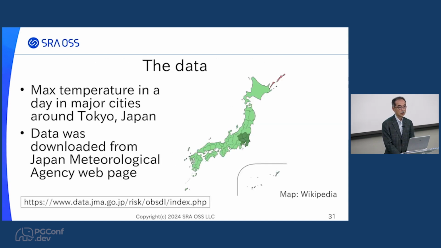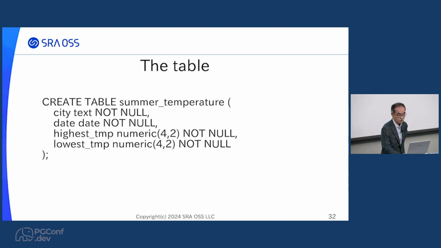The data used in the demonstration is from official government data. I picked some of the data for cities around Tokyo, shown in this map. For the demonstration, I created a small table which holds a city name, date, and the highest temperature and the lowest temperature.